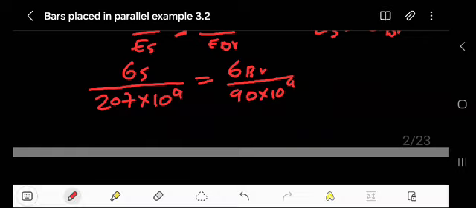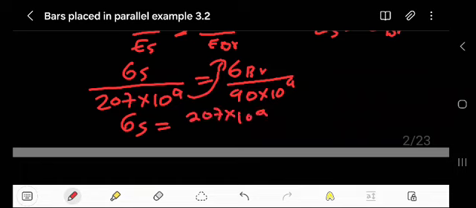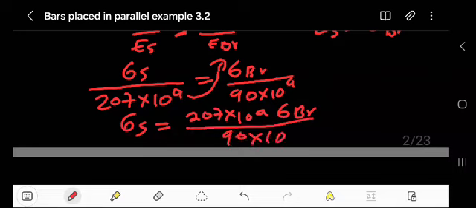So I'll multiply here and make this the subject. If I multiply, I will have 207 times 10 to the power of 9 multiplied by the stress of the bronze divided by 90 times 10 to the power of 9.